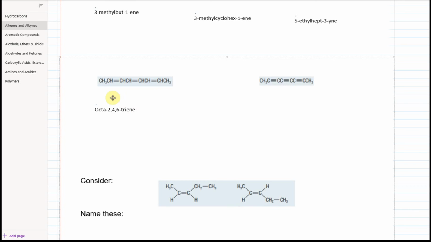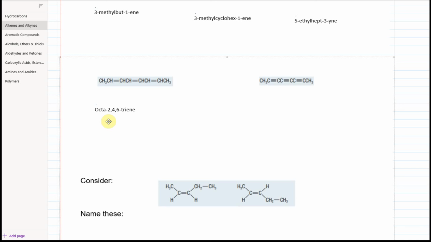So when we construct this name, we have the oct indicating the longest continuous chain. We have the positioning of the double bonds, and it won't matter if you number them from the left side or the right side, because this molecule is perfectly symmetrical. The double bonds will start on 2, 4, and 6.